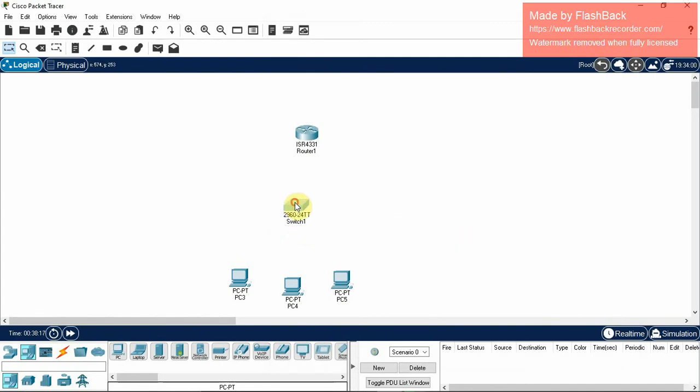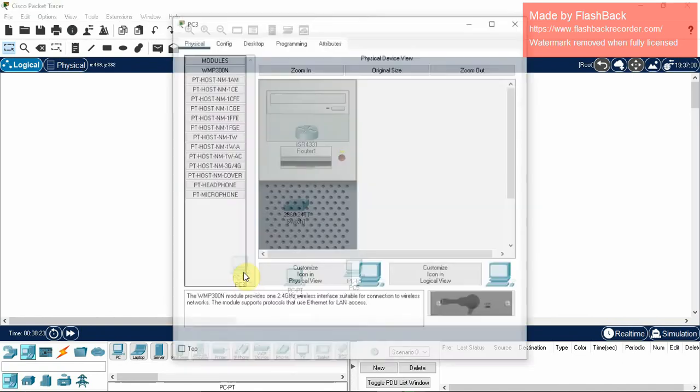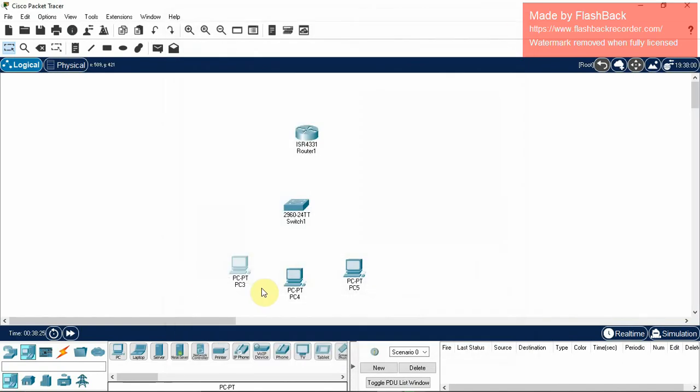So before that, we are going to now connect all these VLANs. Now all these computers, of course, these PCs represent the VLANs that are on it. So we have to be very careful with the cable we're going to assign them to.